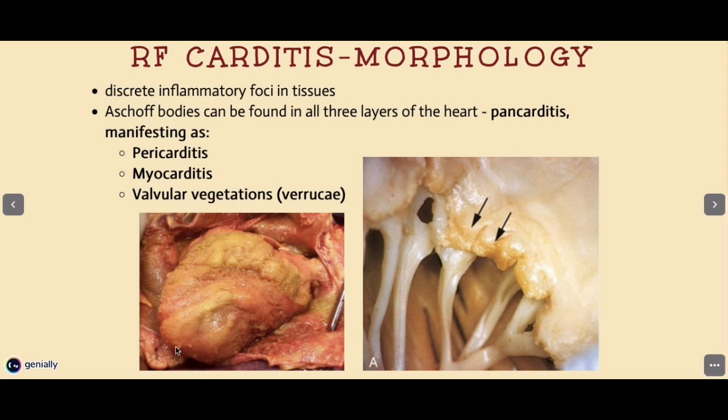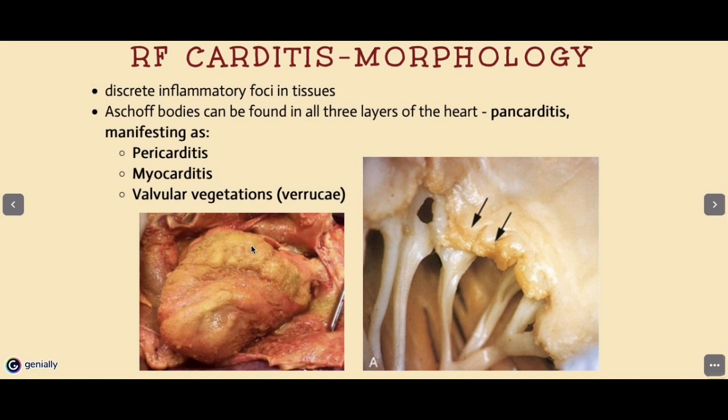And morphologically, what you see is this yellowish fibrinous material coating the outer surface of the heart. And this yellowish shaggy material can adhere to the parietal pericardium, and it can give rise to pericardial rub.